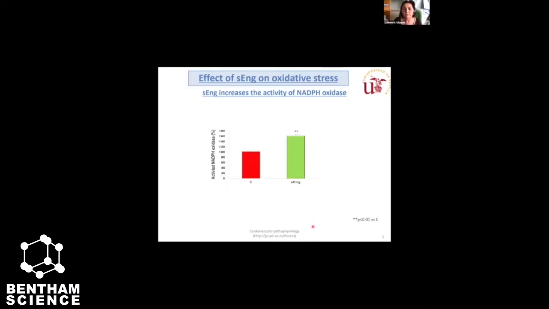Here we have the results. We can see that the cells incubated with high levels of soluble endoglin presented higher activity of NADPH oxidase when compared with the cells incubated with low levels of soluble endoglin.